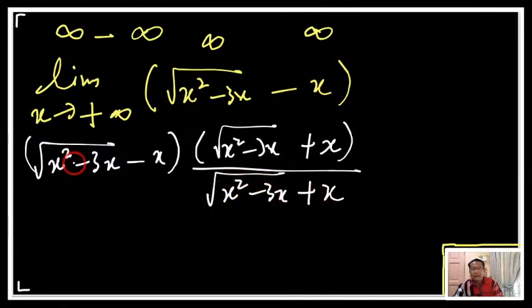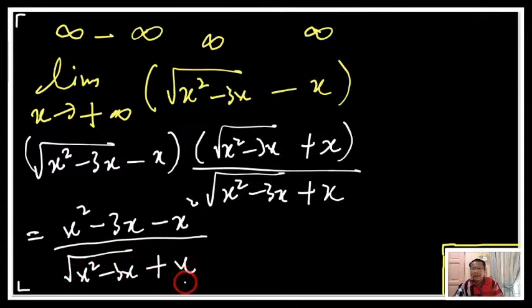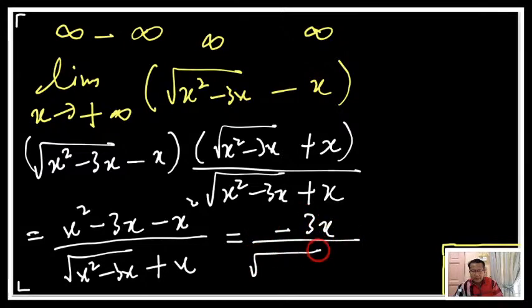If you do this, you will get, remember, this one just copy x squared minus 3x, and this one you square, over square root of (x squared minus 3x) plus x. Remember, this one you should get a simple one. So this is x squared minus x squared, so you get minus 3x over square root of (x squared minus 3x) plus x.